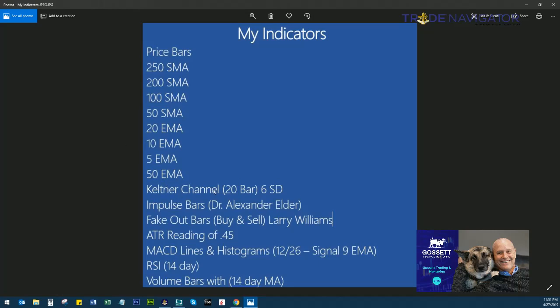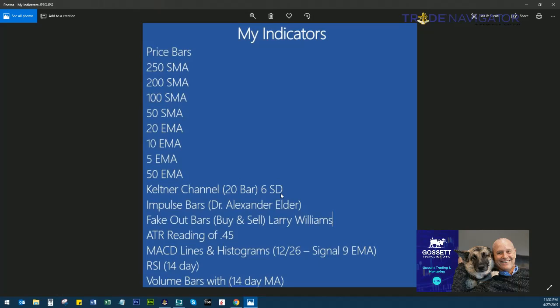Then we have Keltner channels, also called ATR channels, average true range channels, and the setting on those is based upon a 20 bar setting. So your charting software will ask you how many bars you want this to be figured on, and I use 20 day, and then 6 SD here means 6 standard deviations.